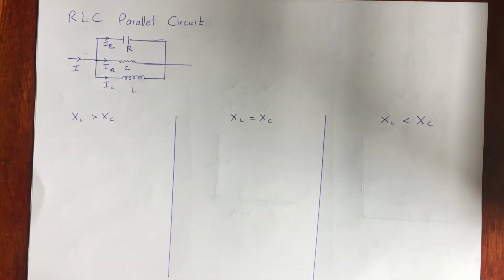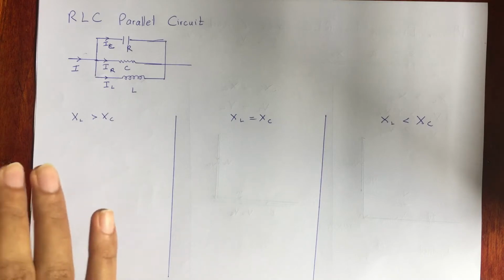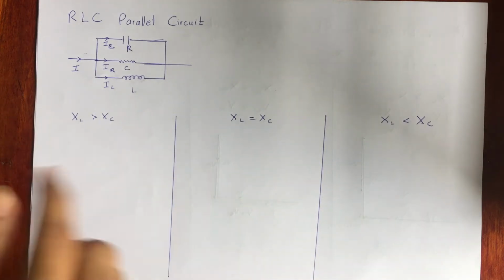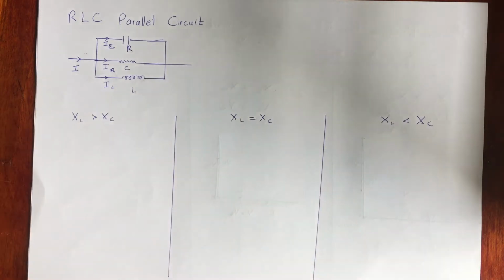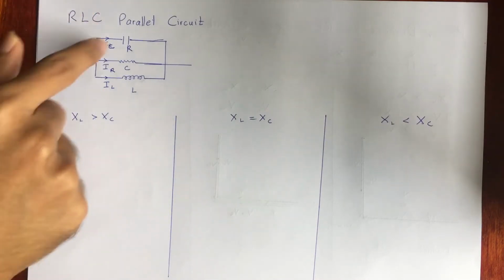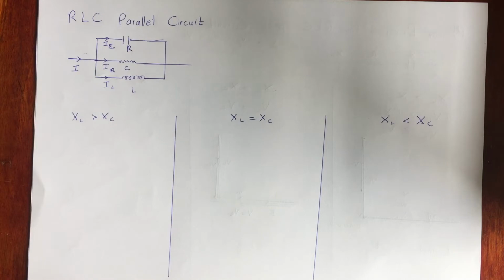So it's an overall view, and you don't need to memorize this. I'm making this video for a clear understanding of why we are using these three, and how we can manipulate these three and get different types of circuit while using R, L and C. So without wasting our time, let's jump into the methods.